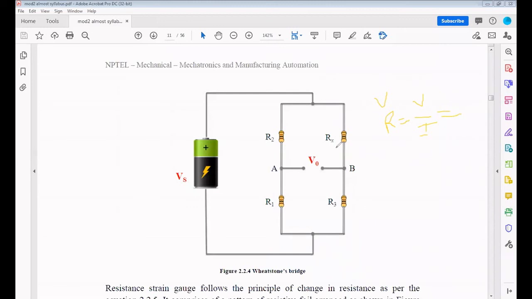But in any circuit, the voltmeter also has certain internal losses and the ammeter also has certain internal losses. Because of internal losses, it will not give the exact accurate resistance.